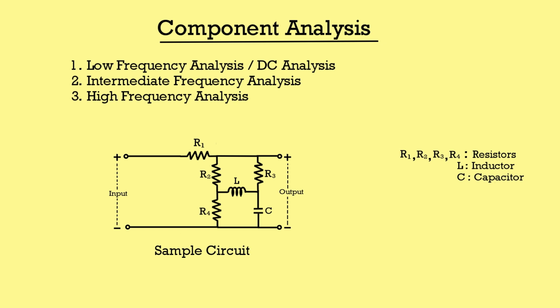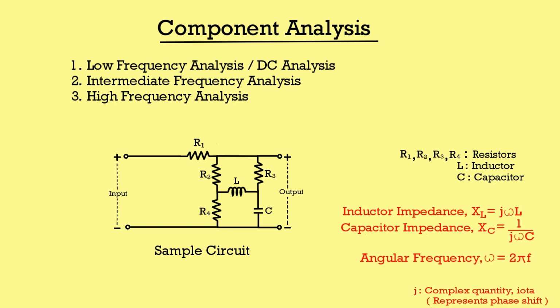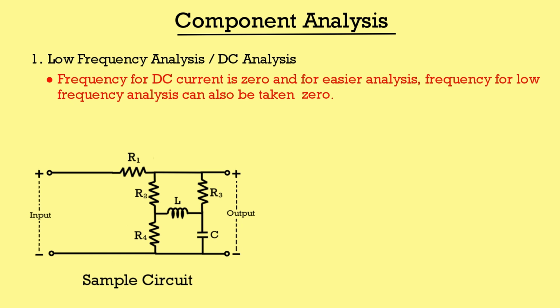It should be known to you that the impedance of an inductor is given as j omega L, where omega is the angular frequency and L is the inductance. Similarly, capacitor impedance is equal to 1 upon j omega C. If we consider DC analysis or low frequency analysis, then for DC, the frequency is taken to be 0.